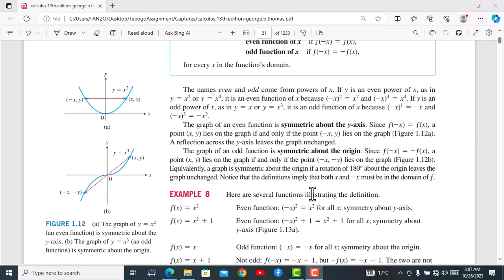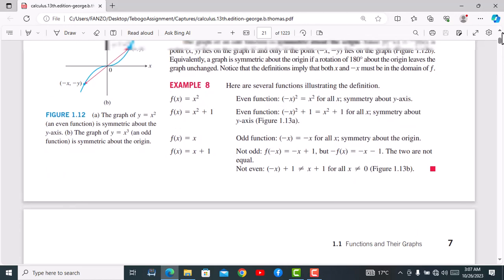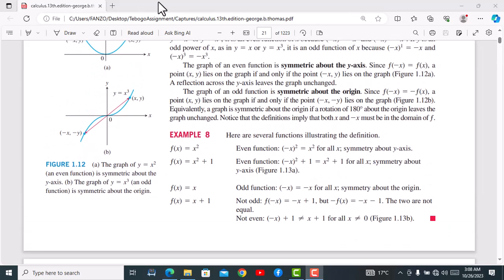Notice that the definitions imply that both x and -x must be in the domain of f.